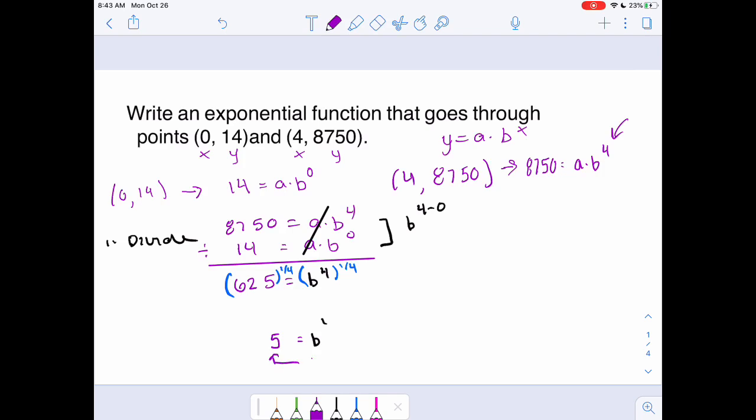Awesome, that is my multiplier. And we're lucky in this problem that it gave us our initial value because it told us our output when time is 0. So I can very easily write my equation as y equals my initial value times 5 to the x power.